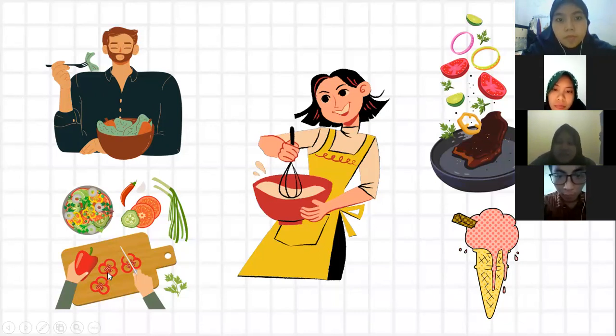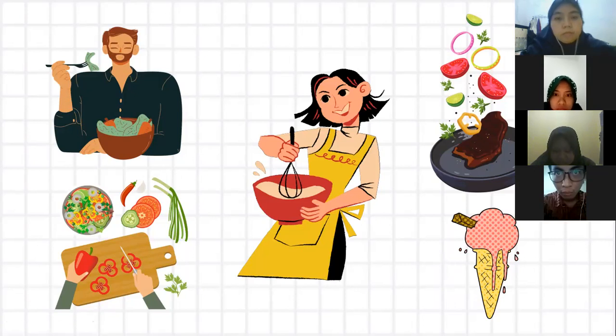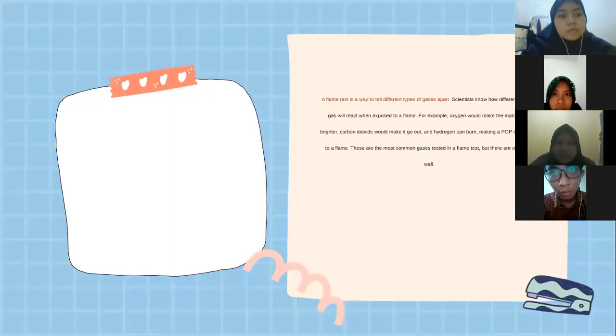Similarly, cutting vegetables, mixing a dough, or cooking also represent a change. Or maybe when you want to buy an ice cream and you find out that your ice cream is melting in your hand, it also represents a change. It is important for us to study about change or about matter because we can classify different things, and it helps us a lot in our daily lives, which makes it easier. Okay, let's go to the next step.